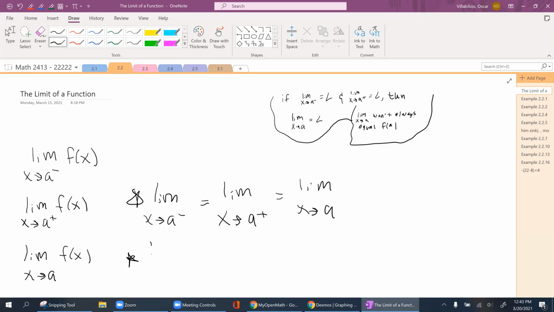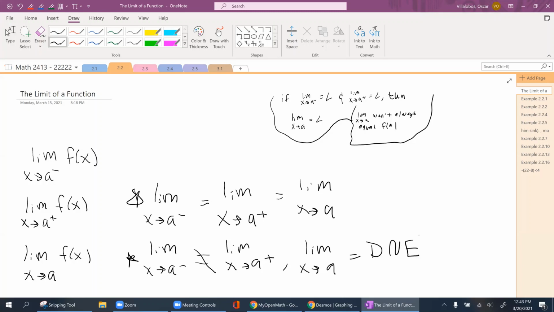Similarly, if you find that the limit as x approaches a from the left is not the same as the limit as x approaches a from the right, then you can say the limit as x approaches a from both sides does not exist. So it must be that same number.